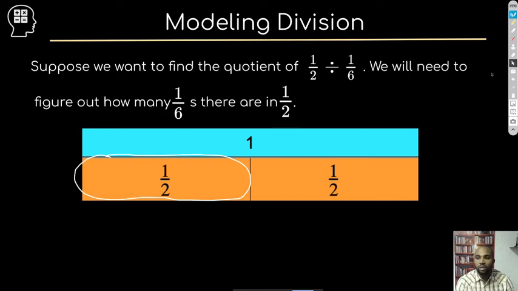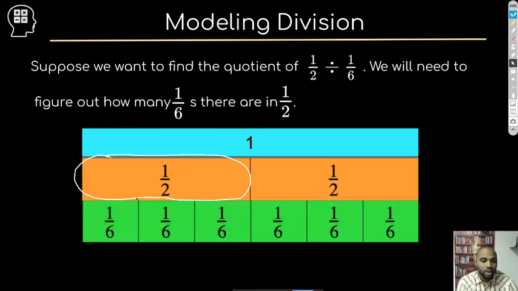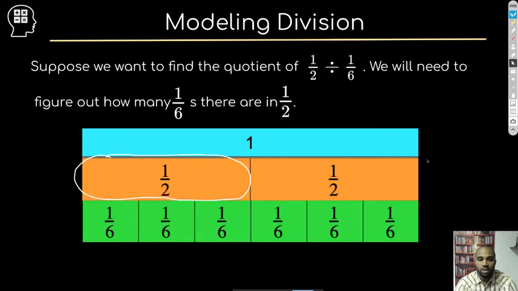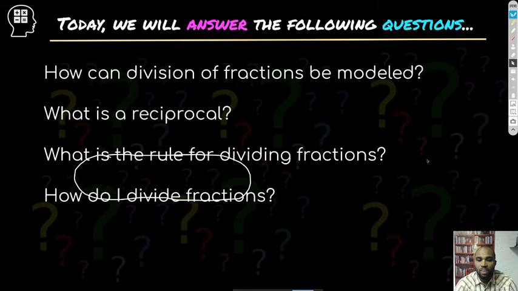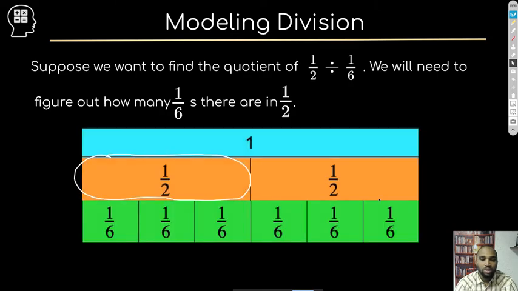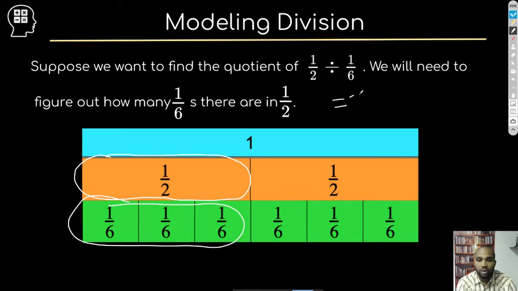In order to do that, you can look at it from a rectangular model and realize pretty quickly that 3/6 would fit into 1/2. So let me circle that. 3/6 would fit in.